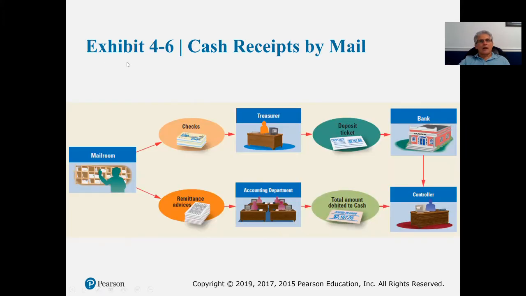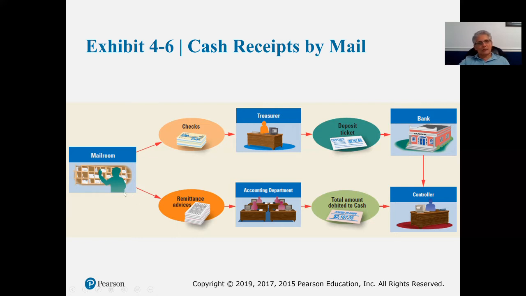But another example of cash receipts control systems or procedures: typically, you're going to have a mail room that receives all the mail. They're going to take in that mail batch, and there's going to be some checks. Those checks are going to be separated, and a remittance advice is going to be written up. Immediately, once those checks are identified, they're logged into some type of receipt program.